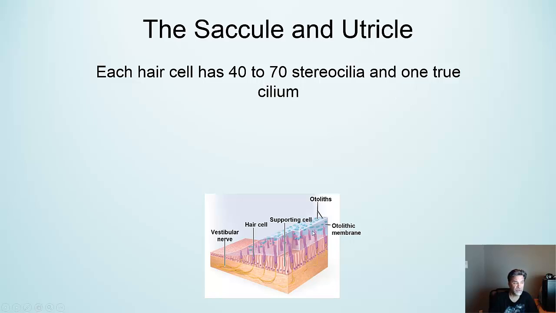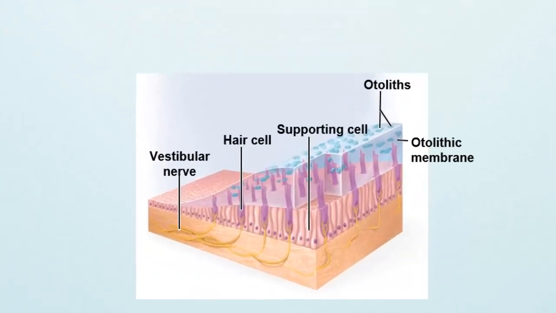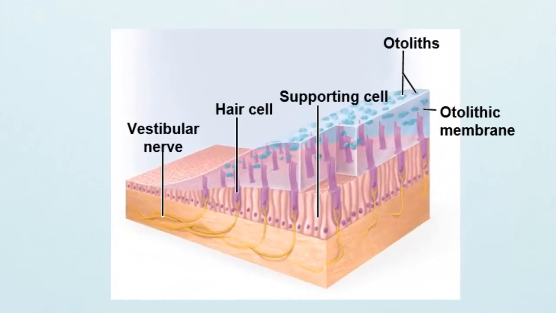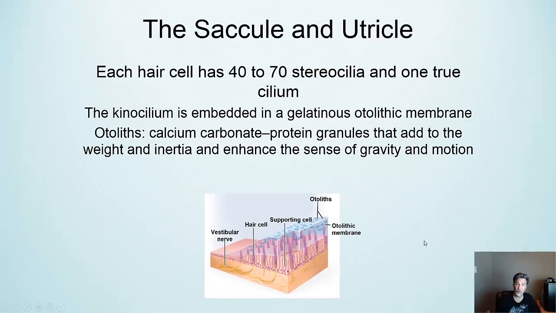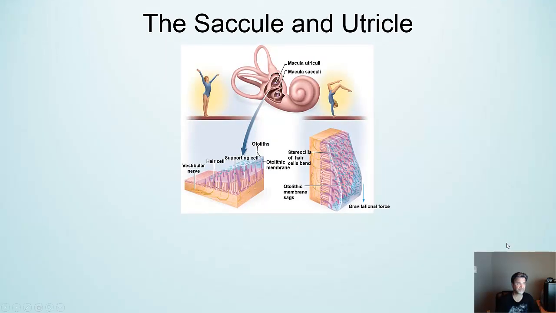It's a longer one. You can barely see it sticking up, and it's embedded in this membrane. The membrane is weighted down by these otoliths, which are made of calcium carbonate that add weight and inertia to the movement of this gel-like material.